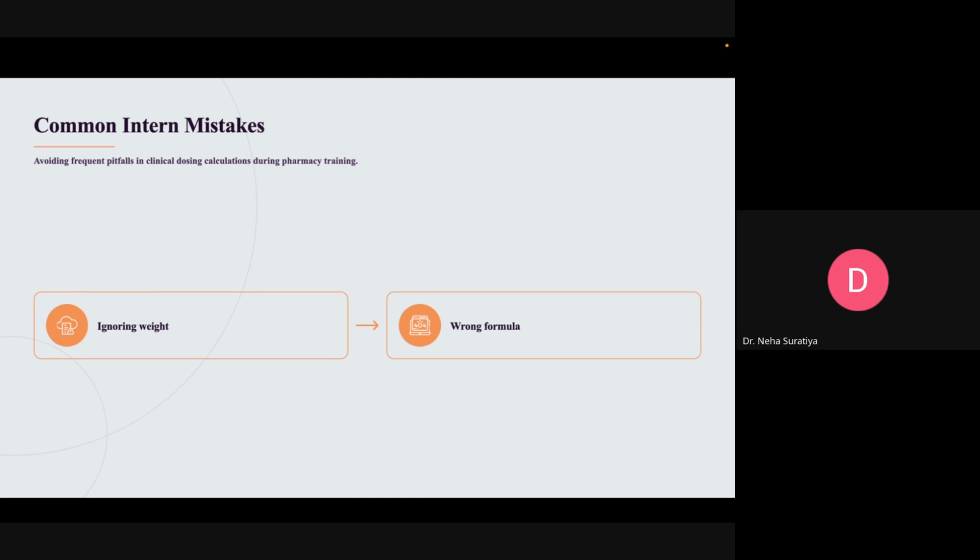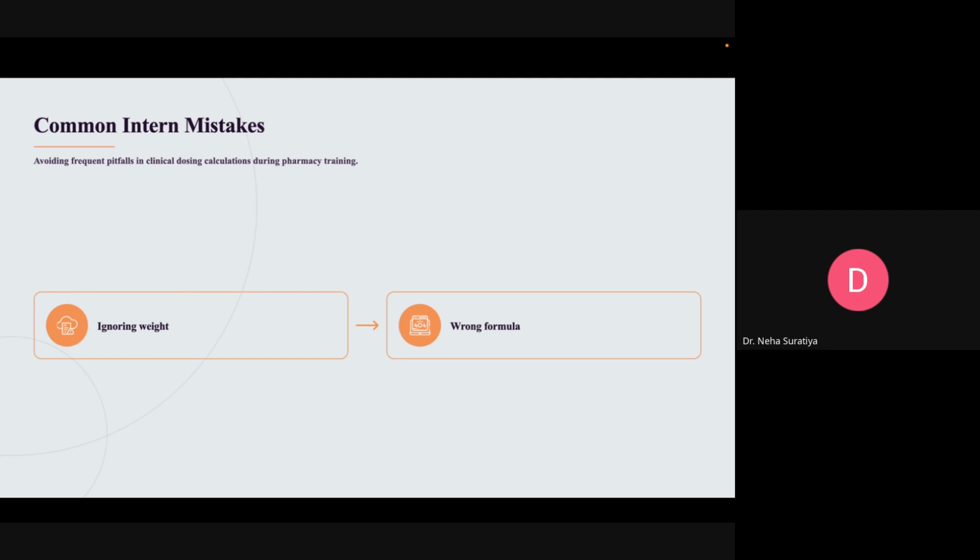The commonest errors I found: ignoring patient weight, first of all. Ignoring patient weight is a very important error, because if the patient is obese, you need to take adjusted weight, and if the patient is underweight or normal, you can take your actual weight. Also, another mistake is using only the eGFR instead of creatinine clearance.